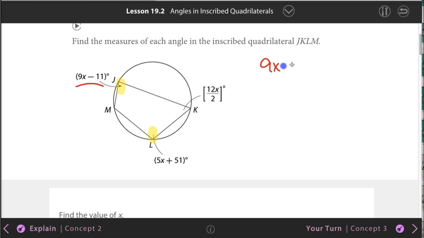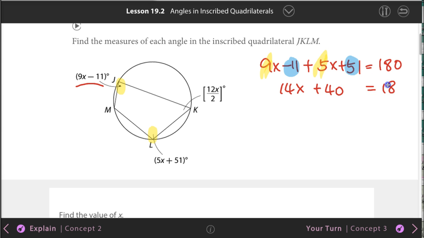9x minus 11 plus 5x plus 51, they add up to be 180 degrees, right? So let's combine like terms. 9x plus 5x is going to give you 14x. And then we have negative 11 plus 51, and that's going to give us positive 40.